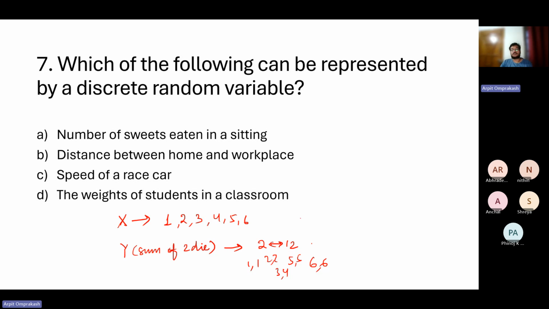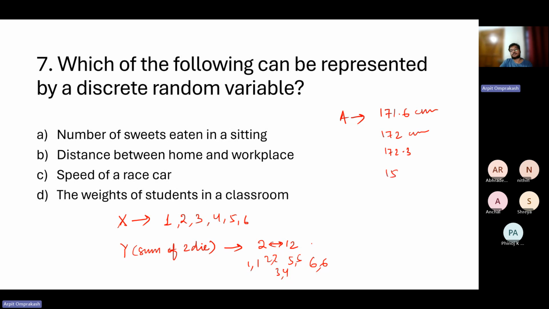Whereas if you're talking about continuous random variables, for example, let's say we're talking about a random variable A, which is the height of students in a class, then that can take any value from a continuous distribution. So the height can be, let's say, 171.6 centimeters. It can also be 172 centimeters. It can be 172.3.